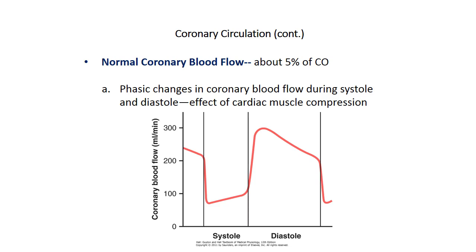This is the effect of cardiac muscle compression. During systole the cardiac muscle is contracting, so coronary blood flow is down. But during diastole, when the cardiac muscles are relaxed, there is blood flow in the coronary circulatory system.